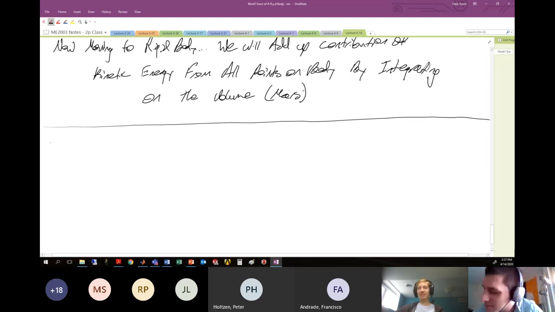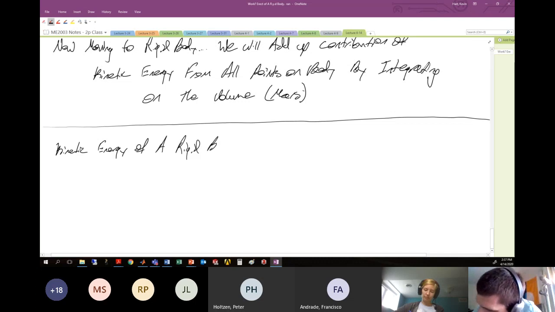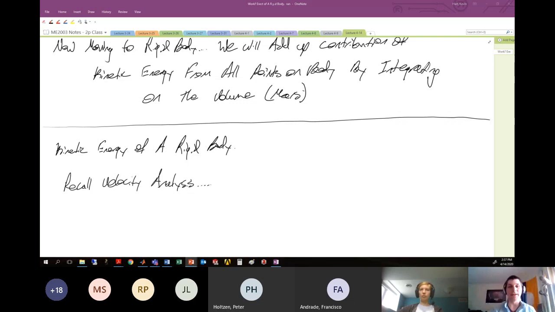All right, so now kinetic energy of a rigid body. Recall our velocity analysis, where we had relative velocities between points on the body and related them.